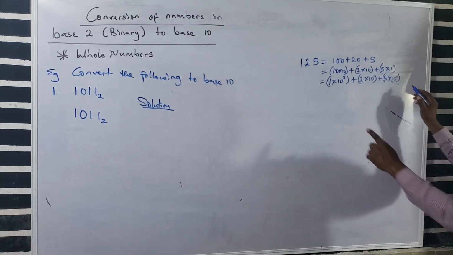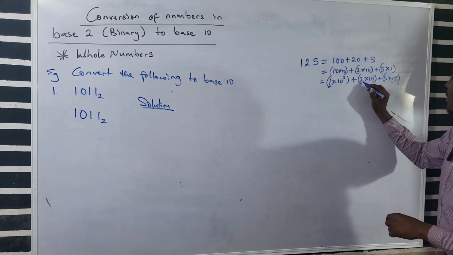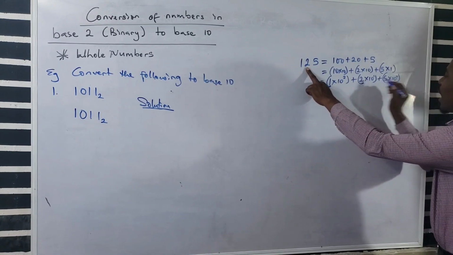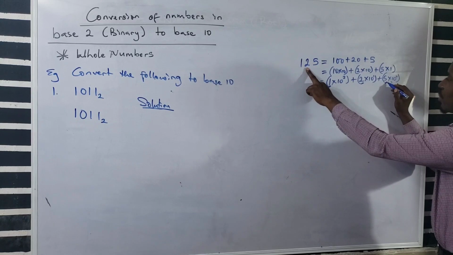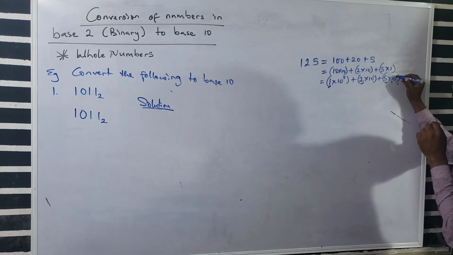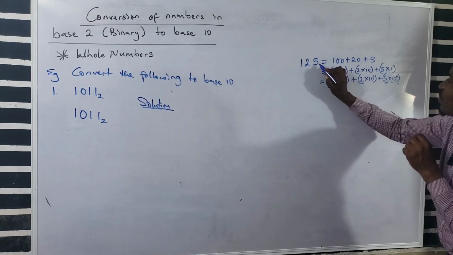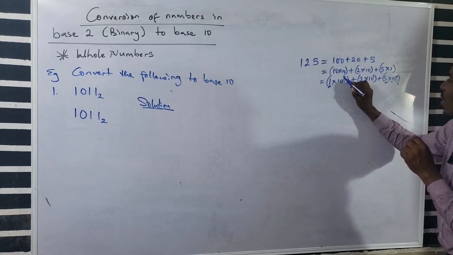If you look at what has happened here, we still have our 1, our 2, and our 5. So what has changed? We have put index on the base, according to the base, because this is base 10, that's why we have 2 here.